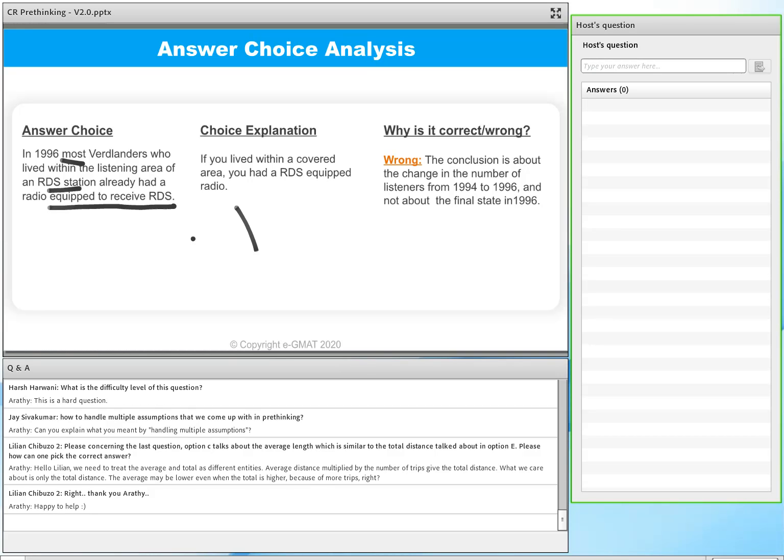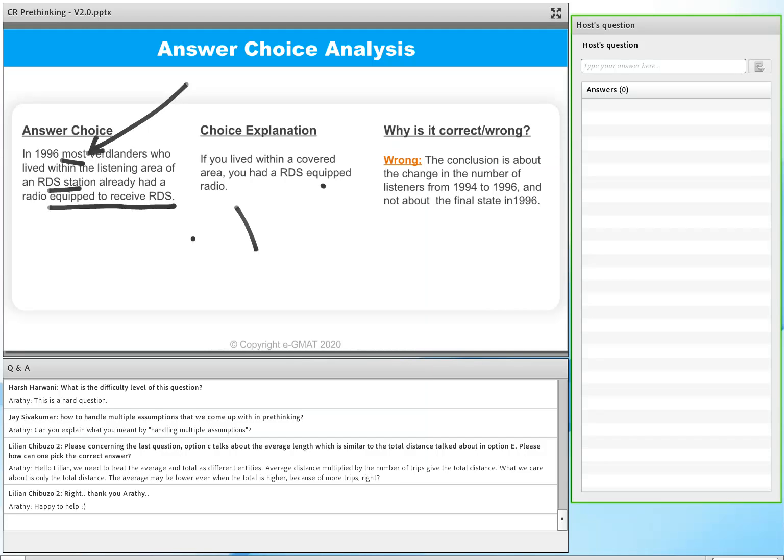That's my conclusion. Number of people receiving that special program information do not change a whole lot between 94 and 96. Now, let me ask you this. Is it required for that conclusion that 70% of the people own an RDS radio in 94 and 70% own that RDS radio in 96?